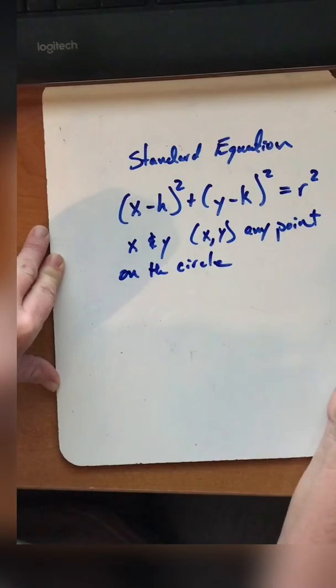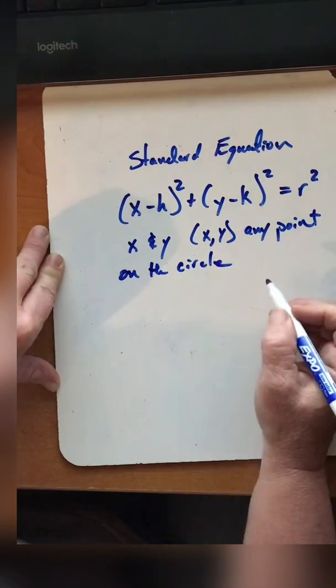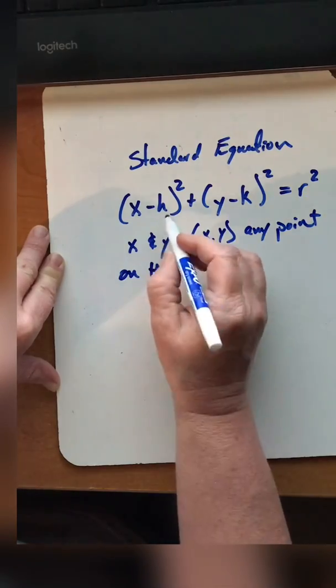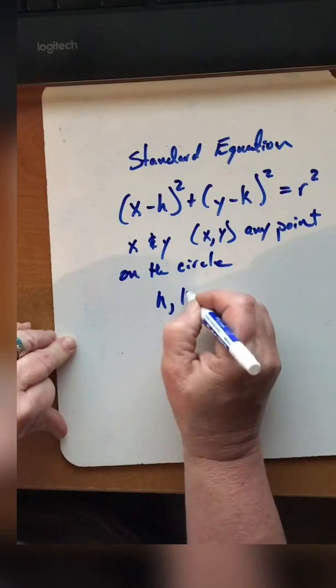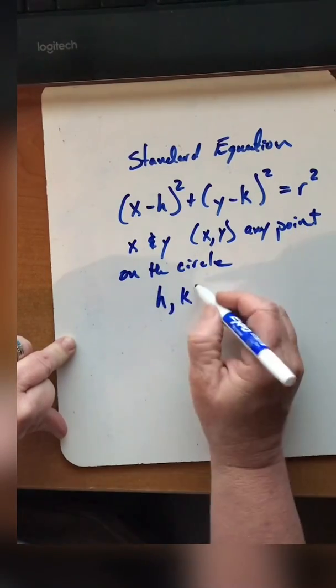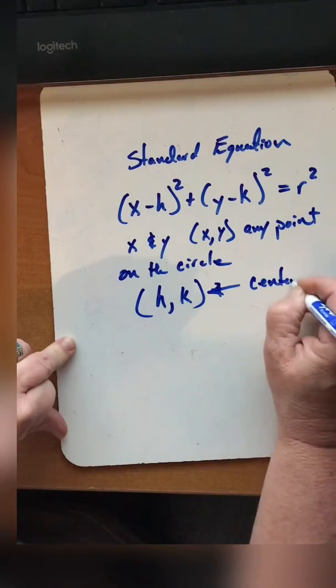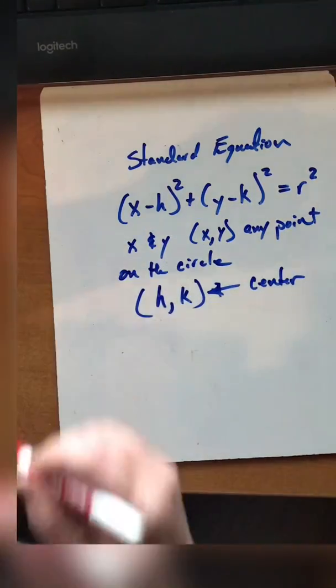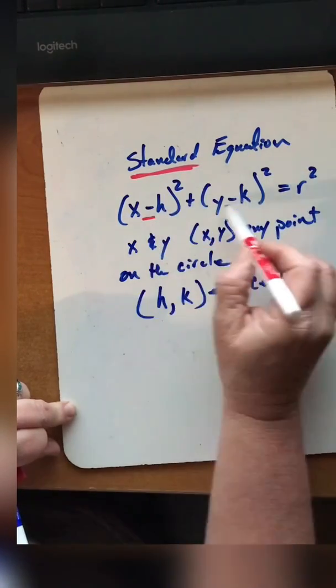Okay? We don't really care too much about that right now. What we really care about is the h and the k. Alright? The h, k, if I write it as an ordered pair, that is the center. Okay, now notice that the standard form has minus signs.